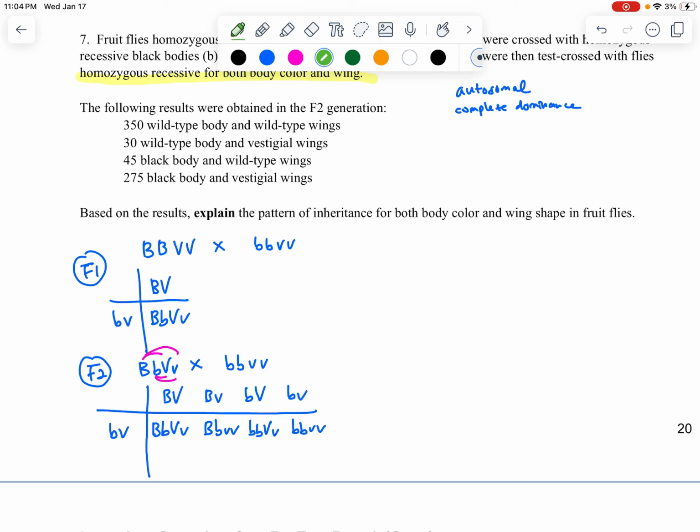So let me go ahead and circle them. We expect 25% wild type body with wild type wings. We expect another 25% wild type body with vestigial wings.